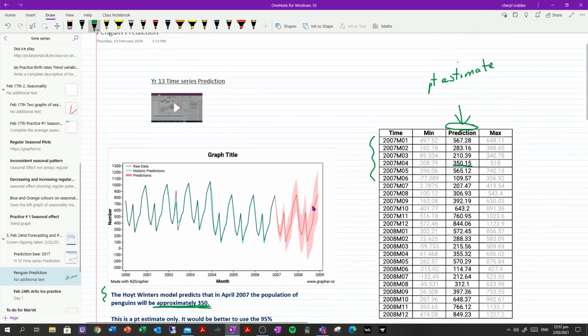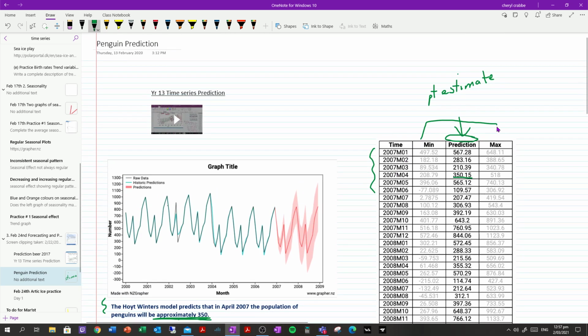And then we talk about this min and max thing, which is what we call a confidence interval. A confidence interval gives us an interval of numbers to use, because oftentimes when predicting into the future, these point estimates are incorrect.